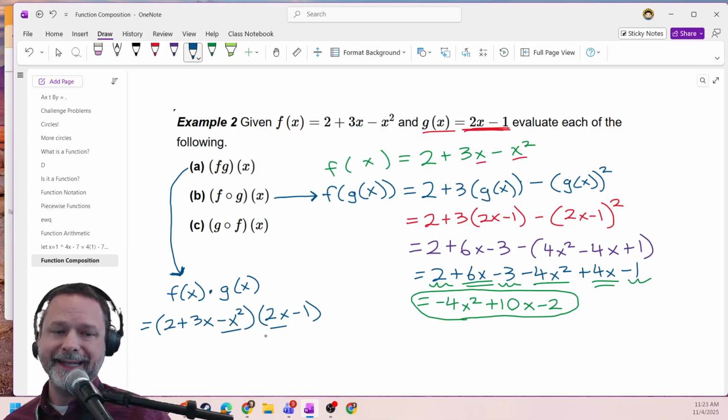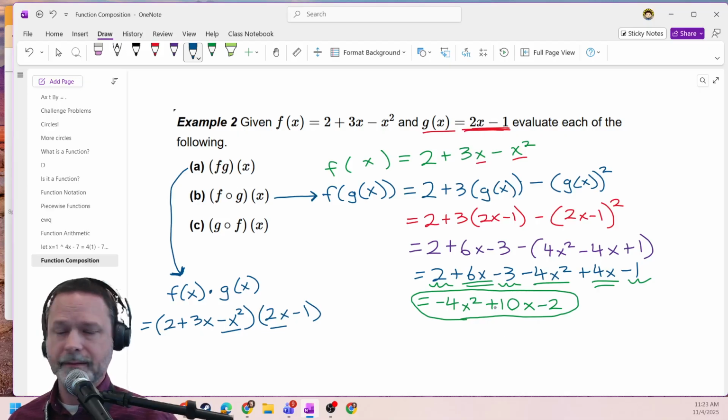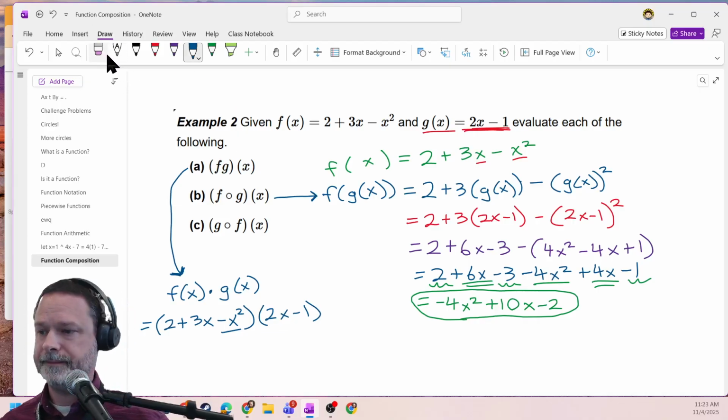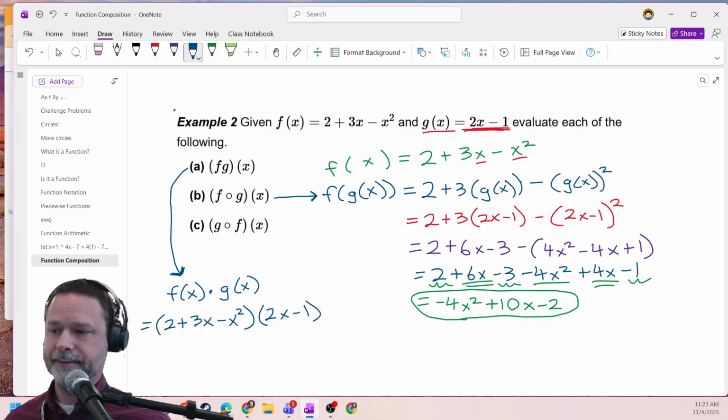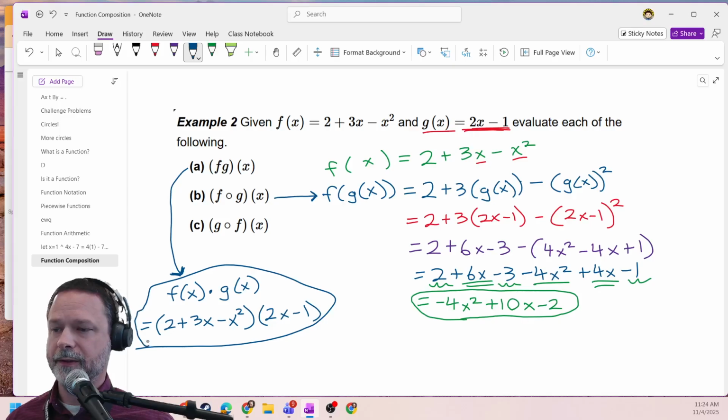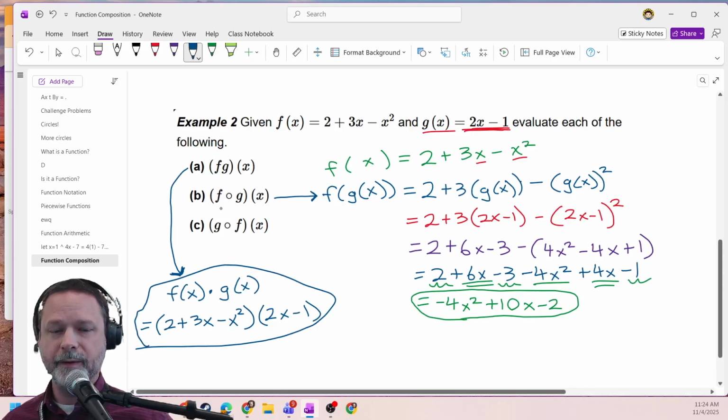That's going to give me a negative 2x cubed. There is no x cubed in here. These will be different. It is obvious already. Those are not going to be the same. So right there, we already know. Definitely don't confuse multiplying with function composition.